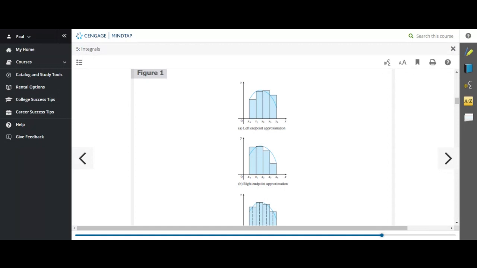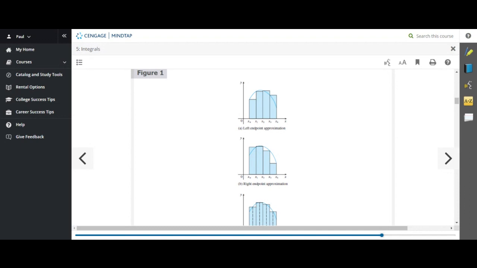See there in figure 1b how they use the right endpoints to determine the height of the rectangles. So we get a different approximation with the right endpoint approximation than we would from the left endpoint approximation.